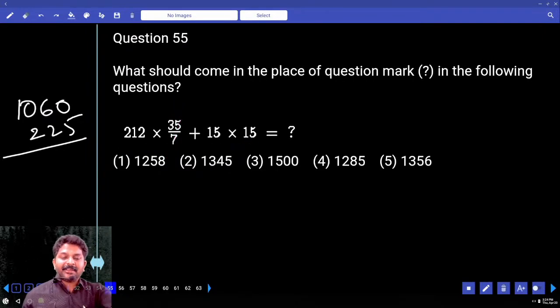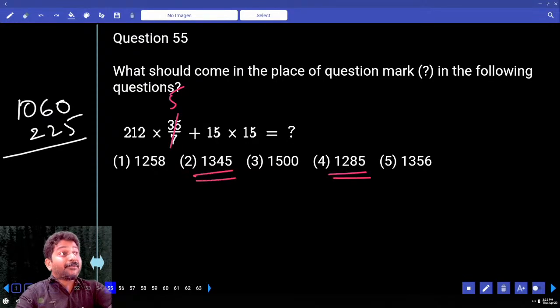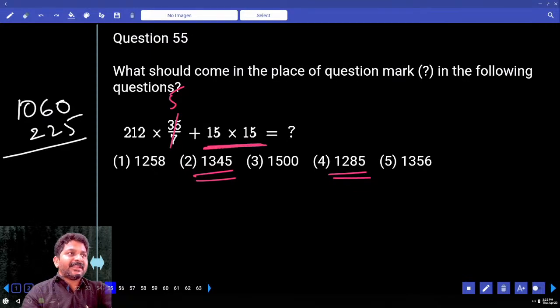So earlier what I verified was 212 into 5 ends with, the other number ends with, sum ends with, two options are there. Out of these two, if you can identify some multiple rule, usually 3, because 15 square, is it a 3 multiple? 212 into 5, is it a 3 multiple?